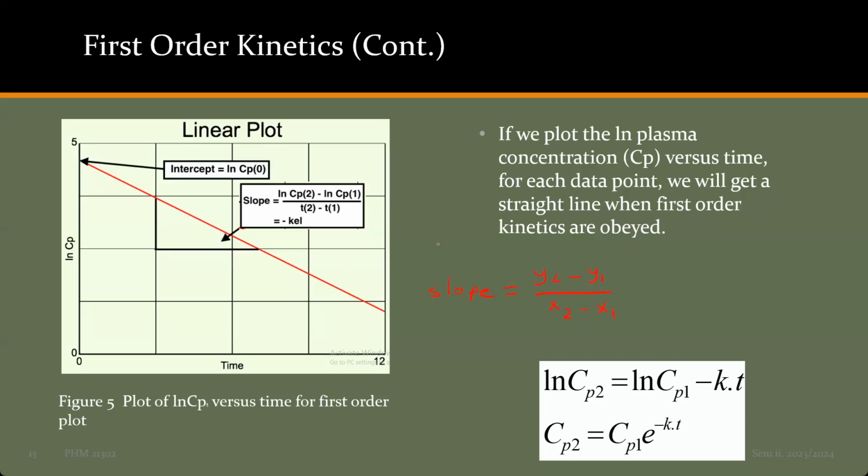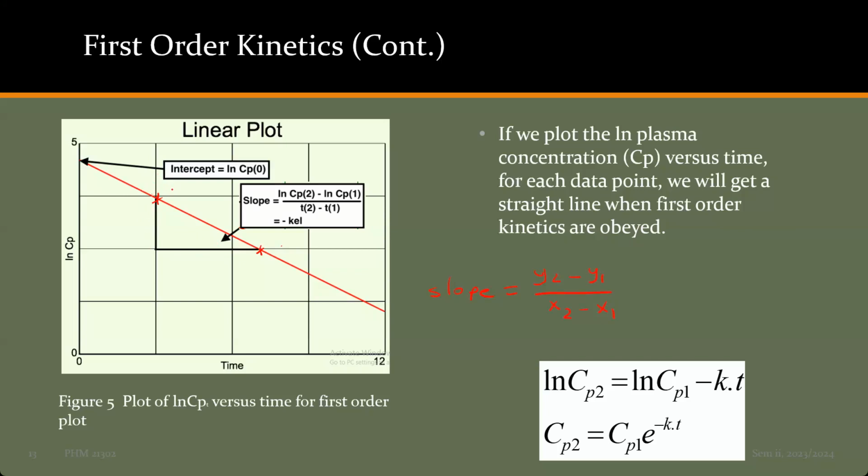So what to do is just mark any 2 points on the line. These points will have x and y. X is time and y is the drug concentration. So just mark 2 points and then get their x and y. How much is the concentration and how much is the time of this concentration?